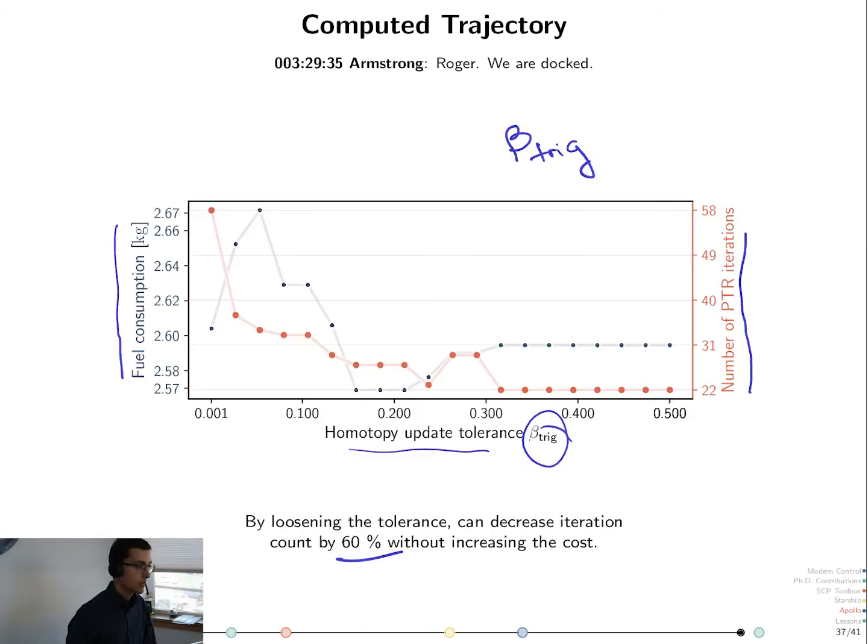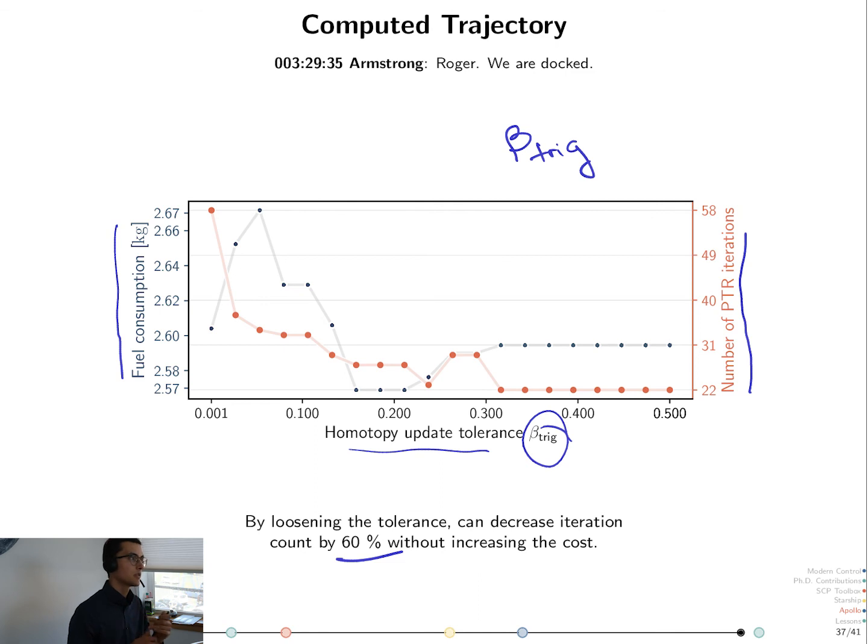A fascinating property of this algorithm is what happens when this beta trig, which is this tolerance value right here, is increased. When you increase it, it means that you tolerate less.